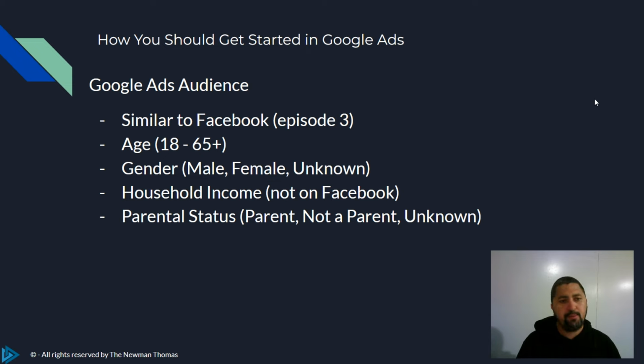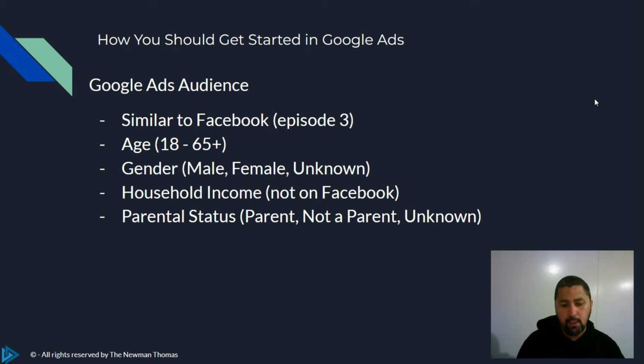Also, similar to Facebook, with Google Ads audiences you can choose the right audience for you. With regards to gender, you can choose to have the ads only display to male, only to female, or unknown. What's not on Facebook that is on Google Ads is that you can actually choose household income as well.